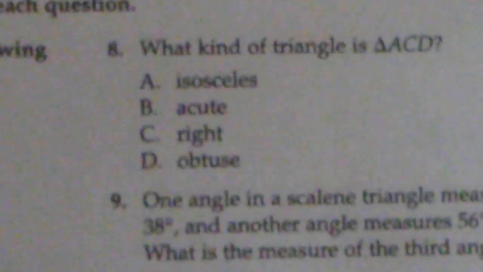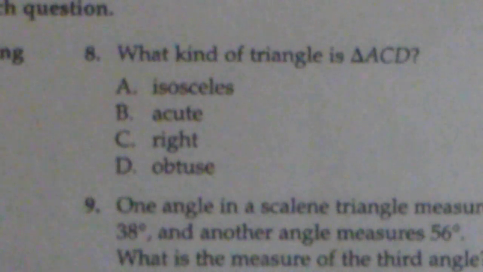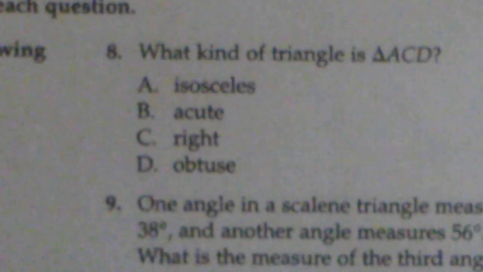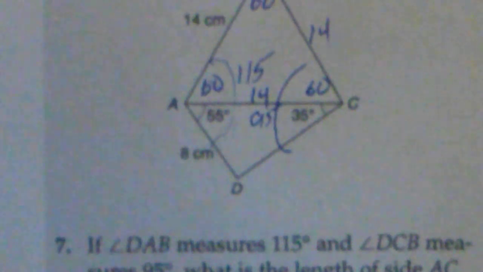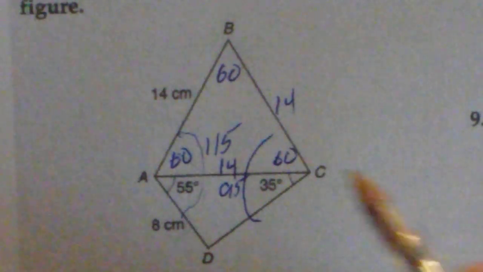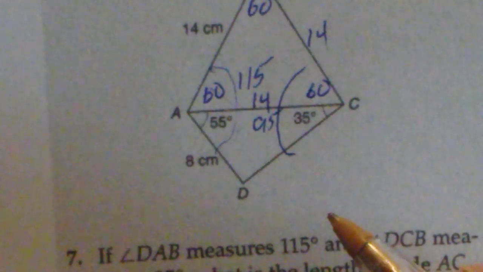Okay. Where do we go now? Number 8. What kind of triangle is ACD? ACD. What kind of triangle is that?